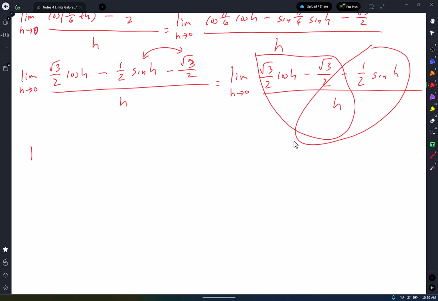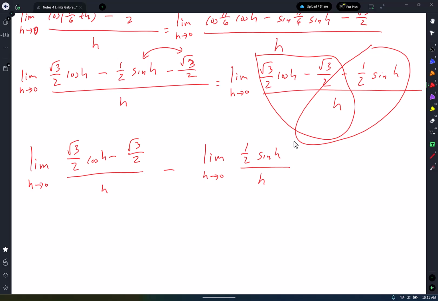I'm going to write limit as h approaches 0 of square root of 3 over 2 cosine h minus square root of 3 over 2, all over h, minus limit as h approaches 0 of 1/2 sine h over h.